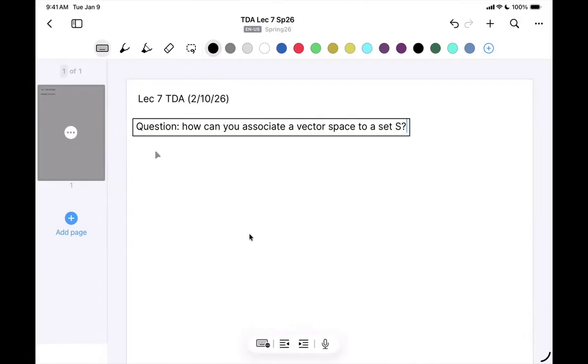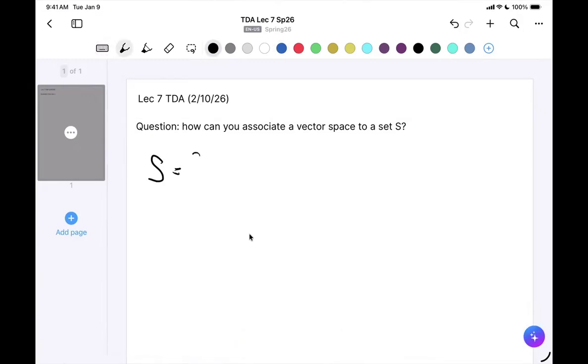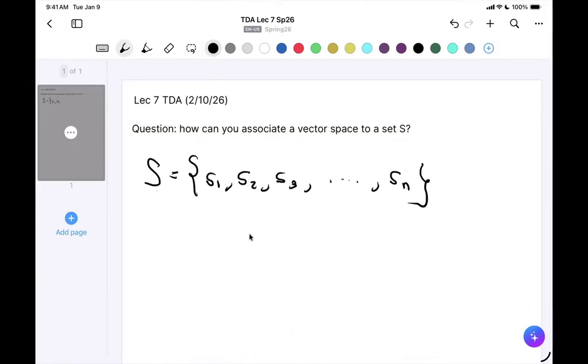So let's say you have a finite set, although you can do this in more generality. I'm just going to call it S1, S2, S3, up to Sn. Those are the n elements of this set, so this set has n elements.